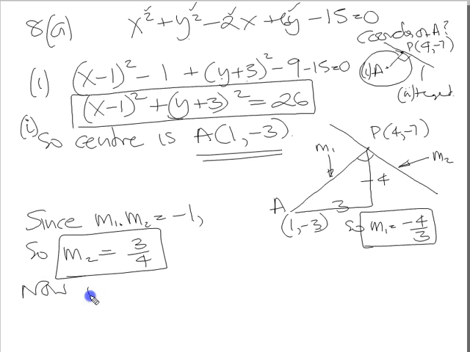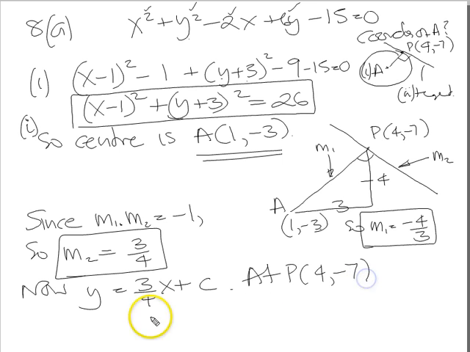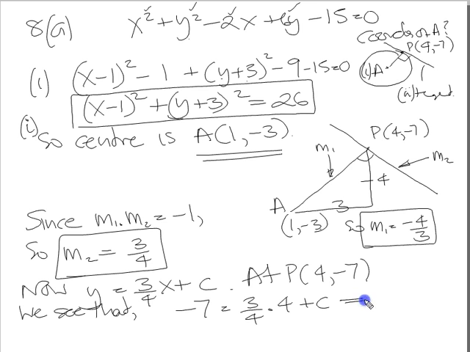Now, what have we got? y equals 3/4 x plus c. mx plus c is the gradient in the straight line at P, which is 4 and minus 7. We see that. What have we got? Well, y is minus 7. That equals 3/4 of x, which is 4, plus c.